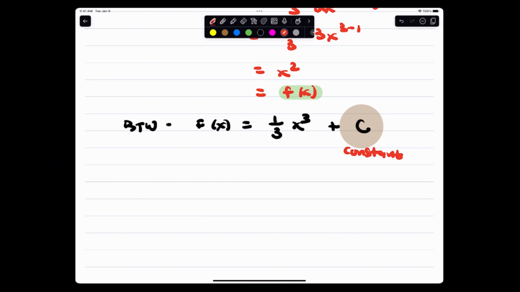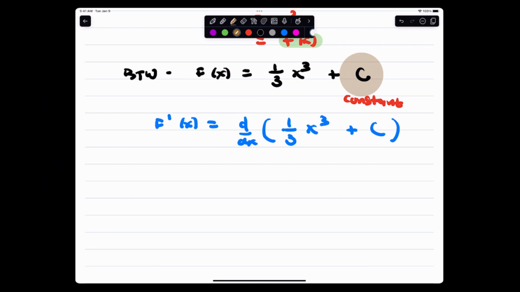The constant is a number. 5, -6, 2, 1.3, pi, 18, 4/5, -4/5. It's just a number. And what I want you guys to notice is that if I differentiate one-third x cubed plus c, where c is a constant still, what do you guys notice we end up getting? We still get what? The function x squared. That is f. That's the original function that they gave you.